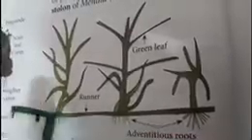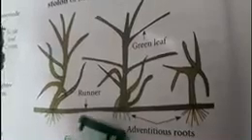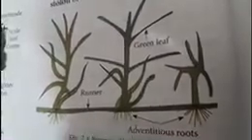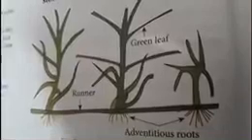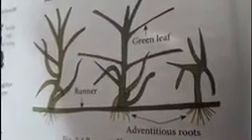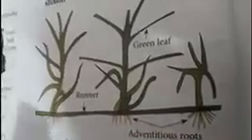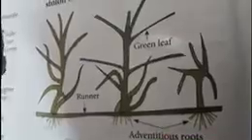Where runner is written, it is a long internode, and a new plant arises from the growth of roots by the node region of the grass. Here we find that axillary buds at the nodes will produce new shoots. So this also we can do as an activity.